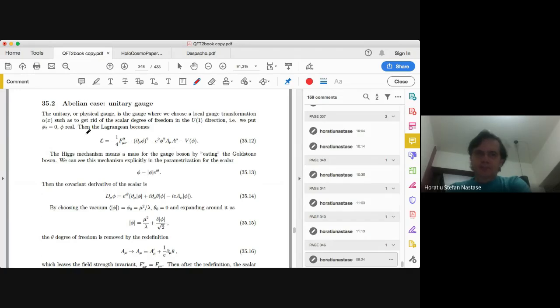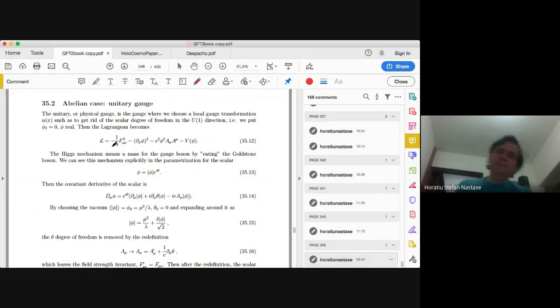Okay. So that means that really we can get rid of φ2, put φ2 equal to 0 using the local gauge transformation α(x). φ2 is a function of x also, but α is a function of x, so I can do this.